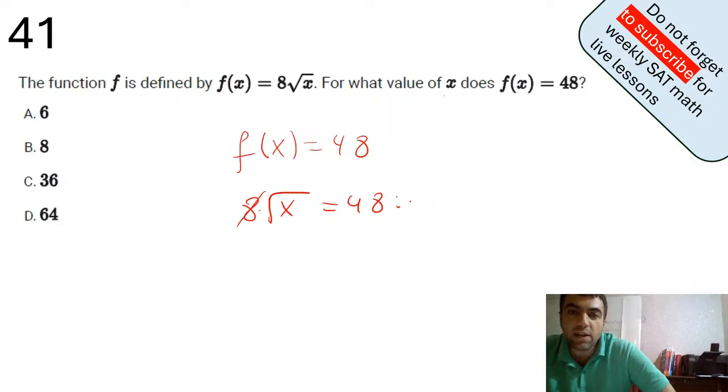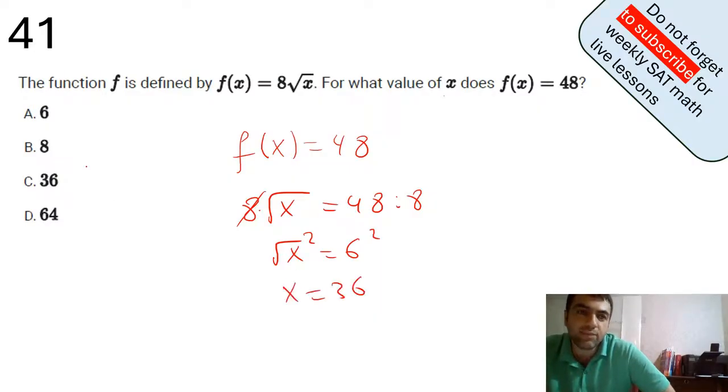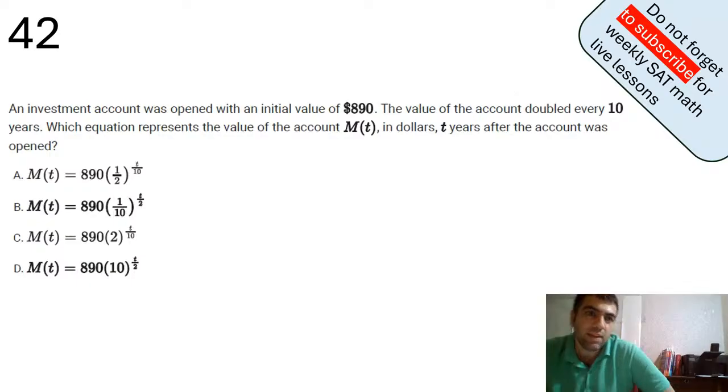Let's divide by 8, which gives 6, and let's square both sides of the equation. x is equal to 36. The answer is C. Next question.